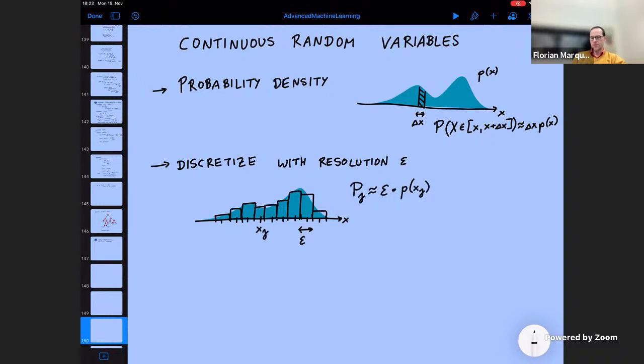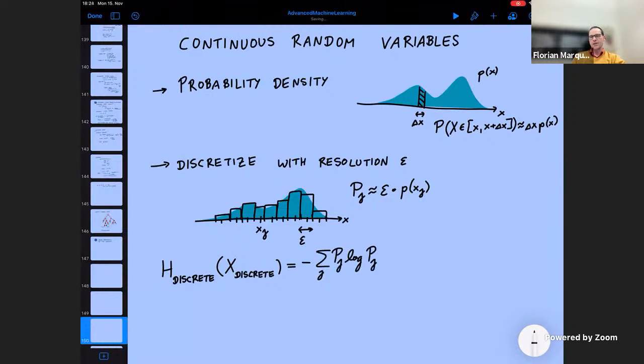So now I'm back to the old case, and I can immediately apply my entropy. So I can say the H calculated in the usual discrete way of this new discrete random variable that can only take these discrete values is just, well, we have seen it before, minus the sum over j of p_j log p_j, I won't specify the base anymore.